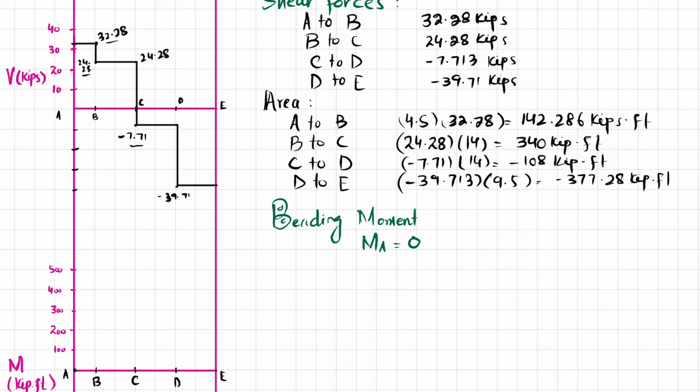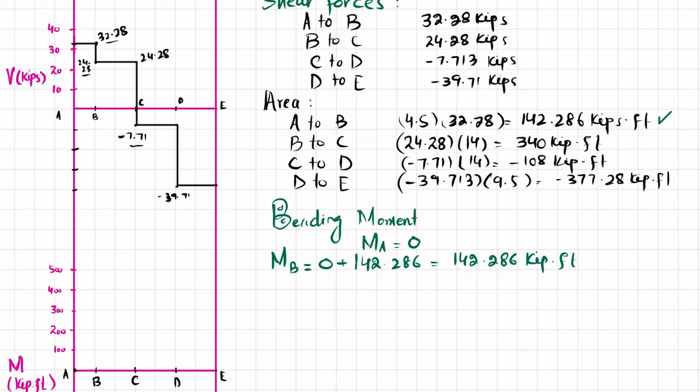Now moment about point B is equal to moment about point A, which is 0, plus the area under the curve from A to B. So it is 142.286 kips into feet.